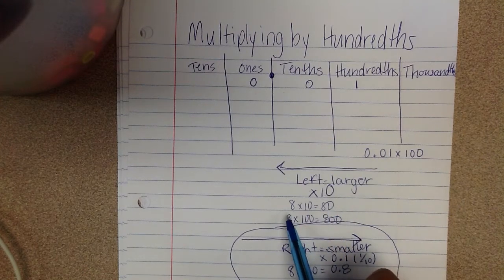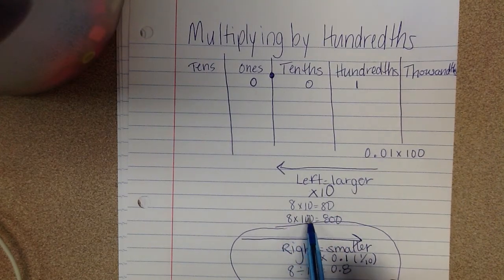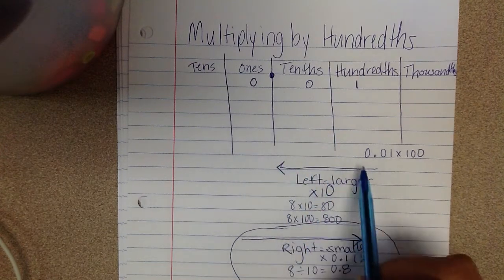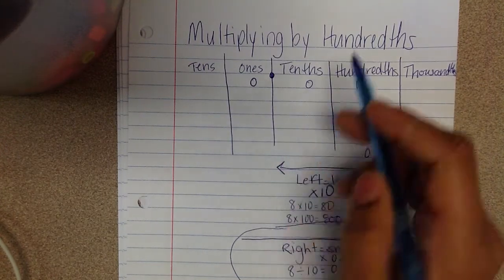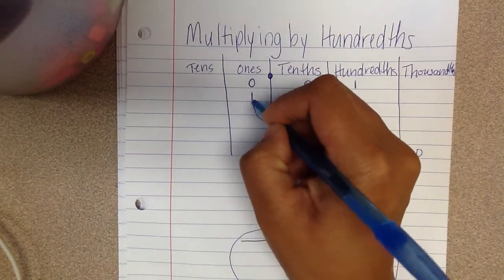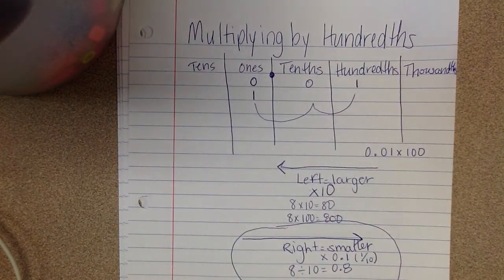When I multiplied 8 times 100, I got 800, which means my digit shifted over 2 places. So my 1 has to shift 2 places, and that means my 1 is now in the whole number spot. So it equals 1 whole.